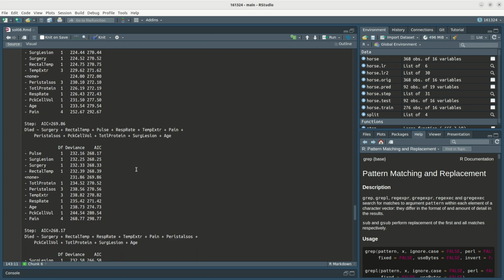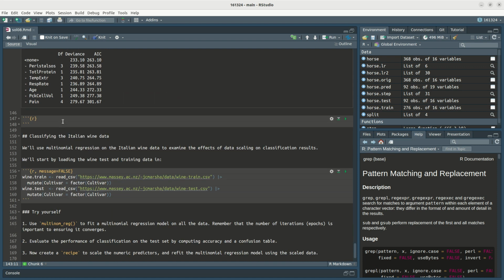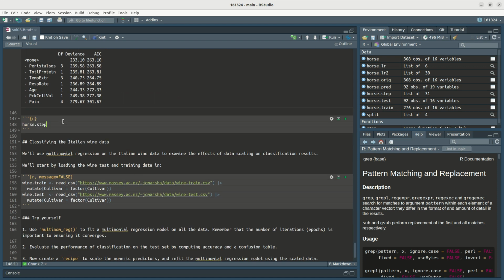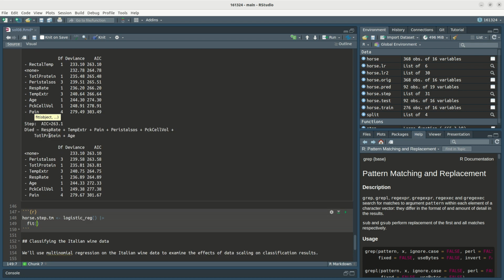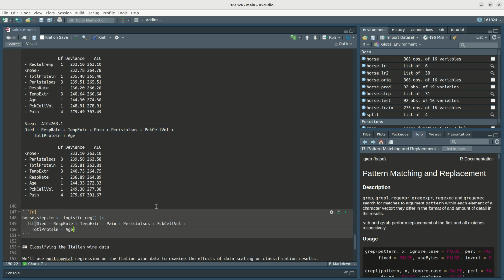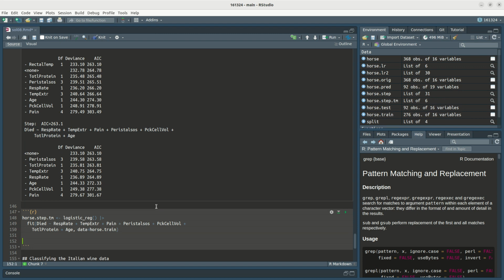All right, so horse.step in the tidymodels framework is going to be the result of a logistic regression where we fit, and we could just copy and paste the formula from there. And away it goes, and then of course we can do our prediction as per usual.